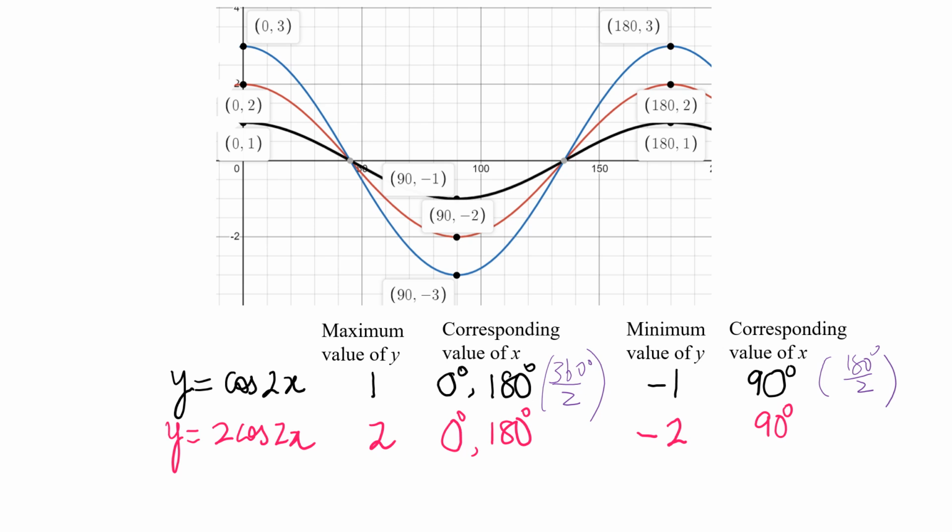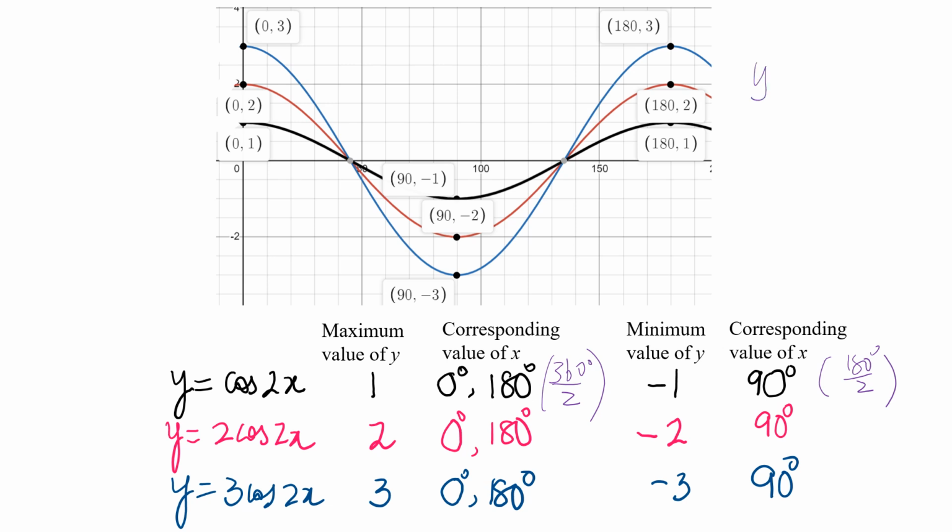Okay, so it changes only in terms of your maximum and minimum value of y, but the corresponding values of x will remain the same for y equals to cos 2x, y equals to 2 cos 2x, and y equals to 3 cos 2x.